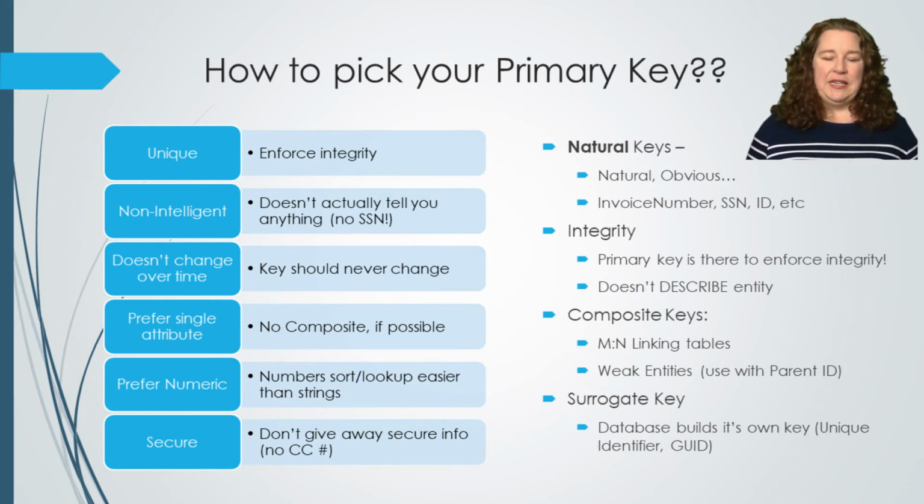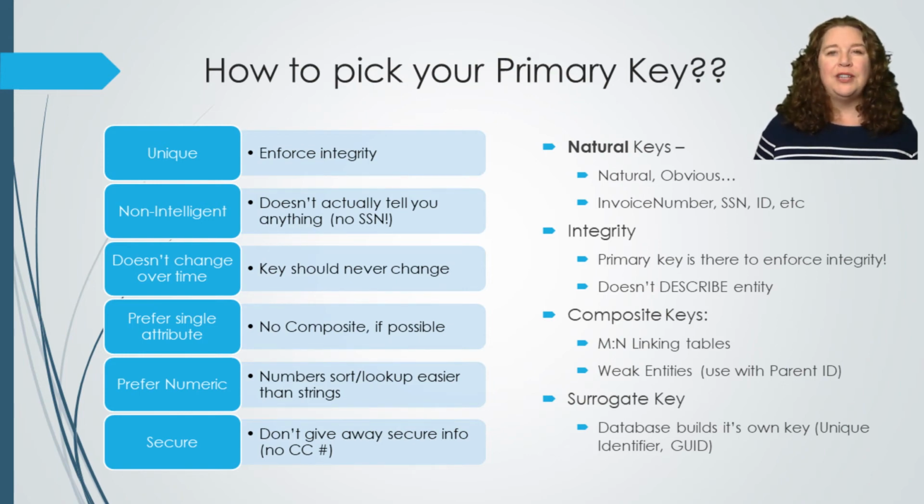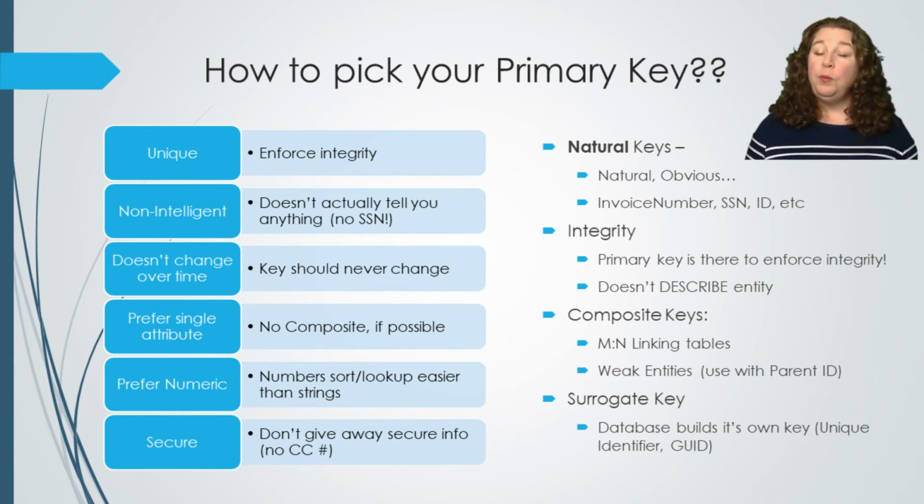And the last piece of information is it has to be secure. Imagine if I put my credit card number as my ID field, and then somehow in a website that was doing it, I used my ID field up in the URL to get to my records. Well, now my credit card number is open for everyone to see. You cannot give away secure information. So you want to make sure whatever you pick for your primary key, it is not something secure.